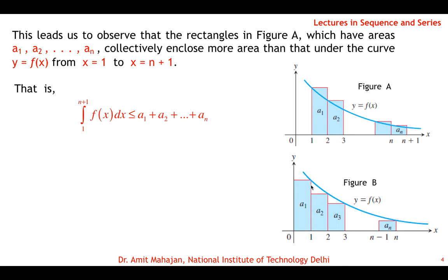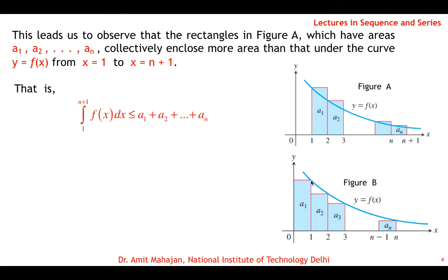So if we construct these areas to the left of the integer values, with a1 to the left of point 1, then a2 area, a3 area, and so on, the an area to the left of n, then you can see that from point 1 to n, the area of rectangles will be a2 plus a3 and so on plus an. a1 will not be part of the area from 1 to n, because a1 is to the left of 1.